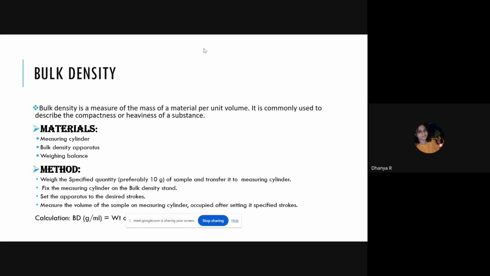You can start with 50 strokes or 100 strokes, stop the strokes and see the volume, and then again give one more 50 strokes. And if the volume recorded in both the readings is the same, you can stop the procedure.